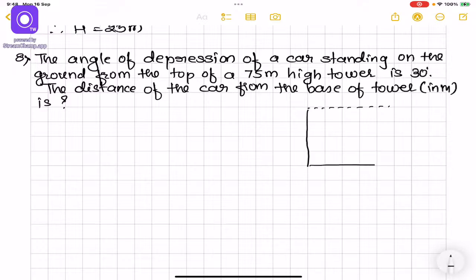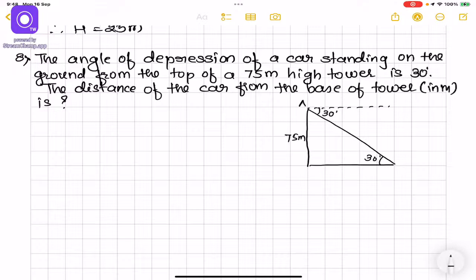So here drawing the figure, see the observer is at the top of the building or the tower. So I am watching from the top. So this is 30 degree angle it has said. So alternate interior angle will be 30 degree. Tower is 75 meter high.